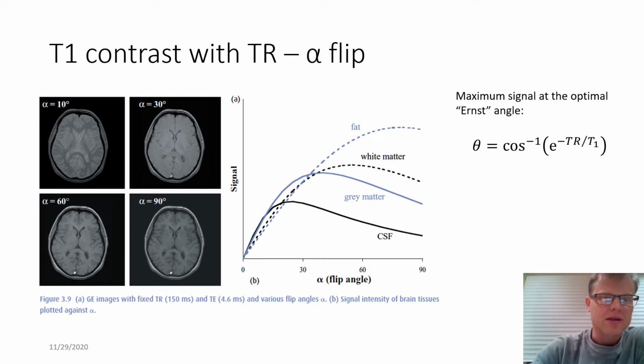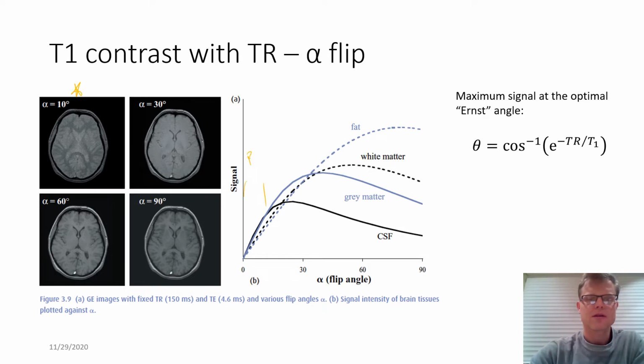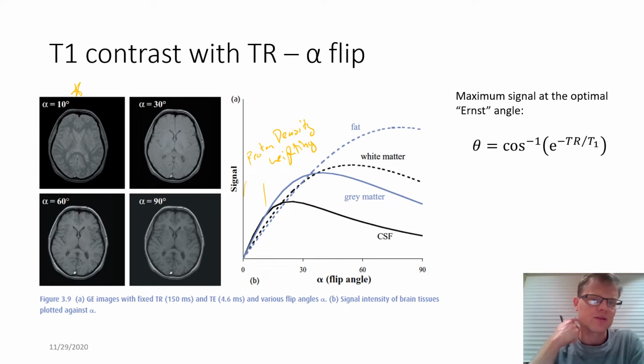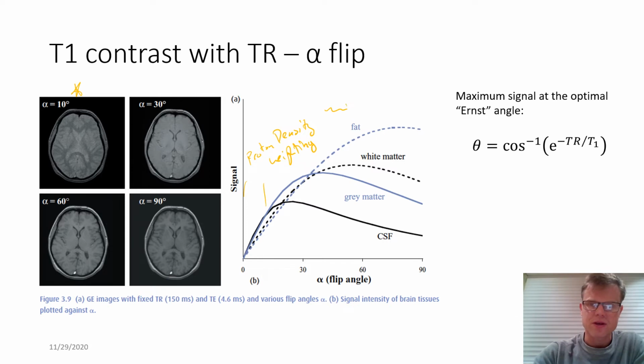One is that in our low flip angles, like this image down here, you get proton density contrast, or proton density weighting. Turns out you end up with a sort of linear relationship. And then you start to accumulate some T1 weighting. We'll just draw it approximately out here. We're definitely going to have T1 weighting.